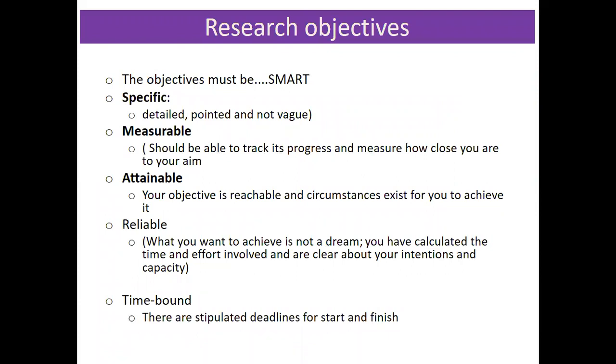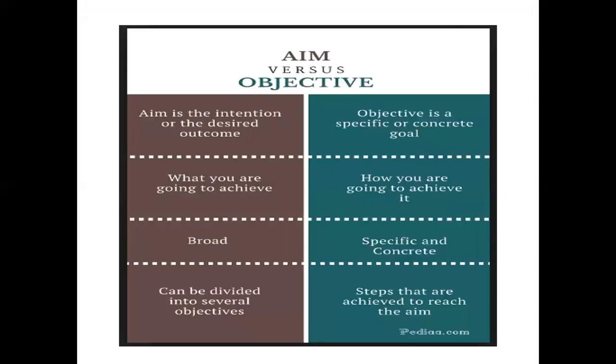It should be time bound. There are stipulated deadlines for start and finish. Of course, you might not state that in the objective, but we should look at it and know that within this time, it is possible to get it done. Sometimes it is important to even include the time.